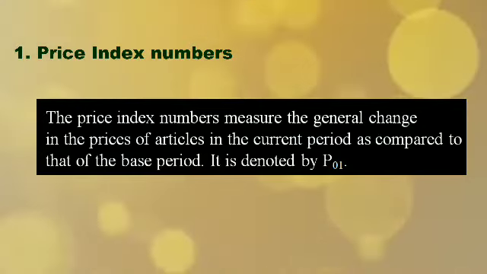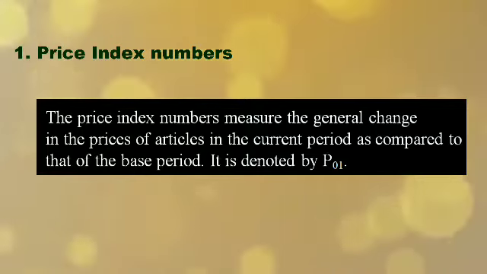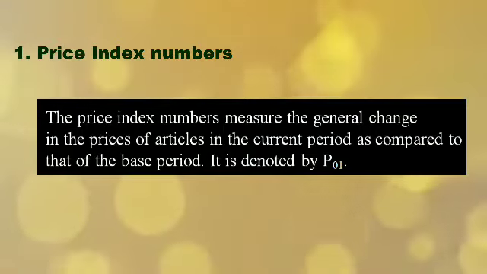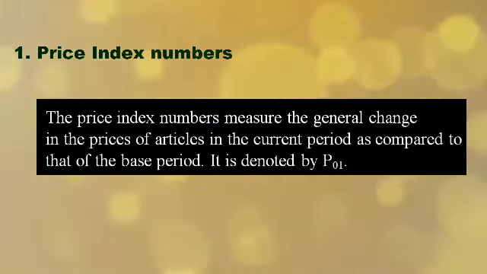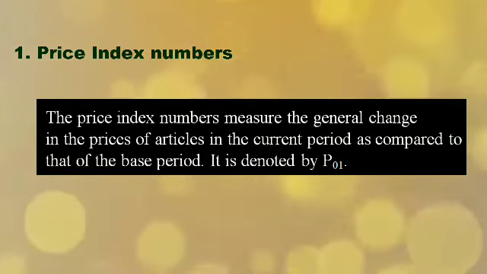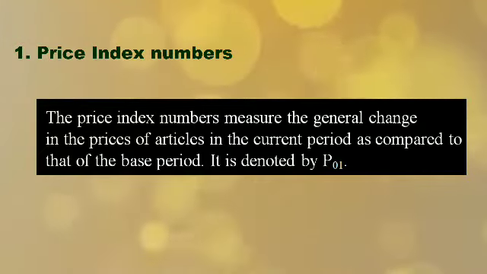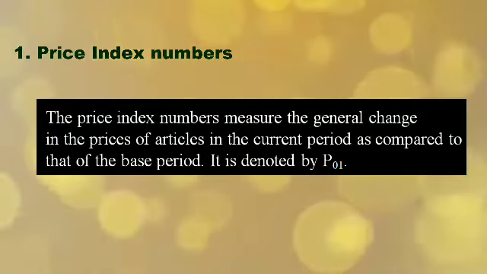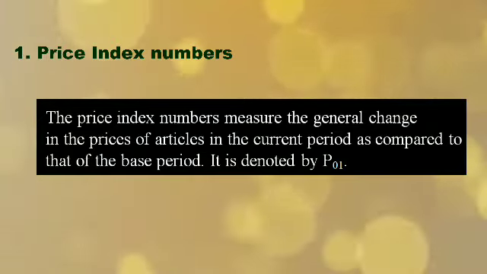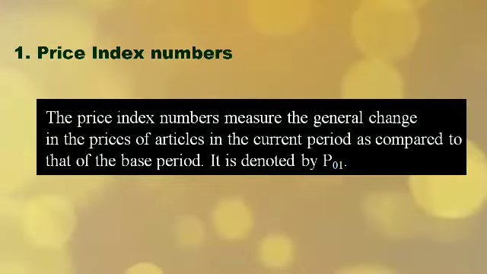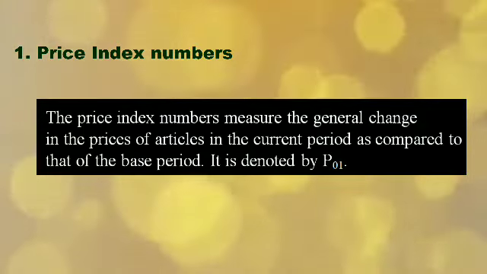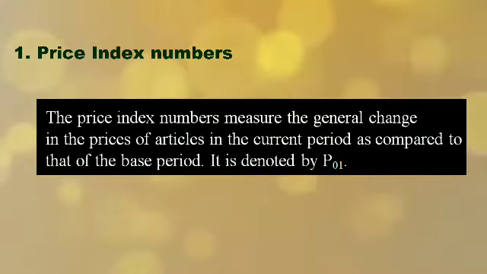In 2015 we assume that it is 20 rupees, and in the year 2020 the price of the same 1 kg of rice costs 30 rupees. So the general or relative change in the price values in the current year, compared with that of the base year, is measured using the concept of price index number. It is denoted as P01.